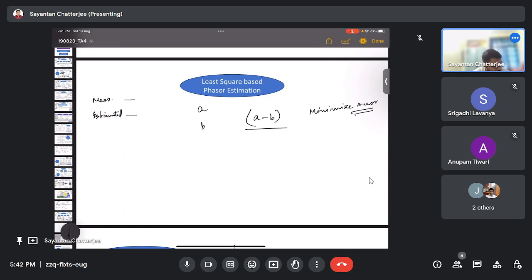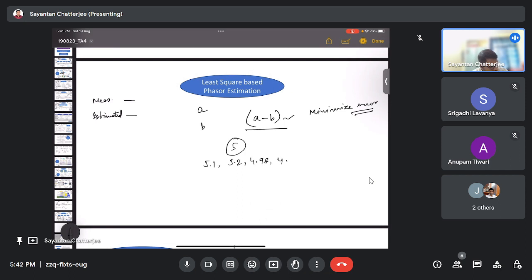So if we directly take this subtraction, suppose 5 is the standard value that should be the outcome, but the measured values are 4.98, then 5.1, then 4.91, and so on.